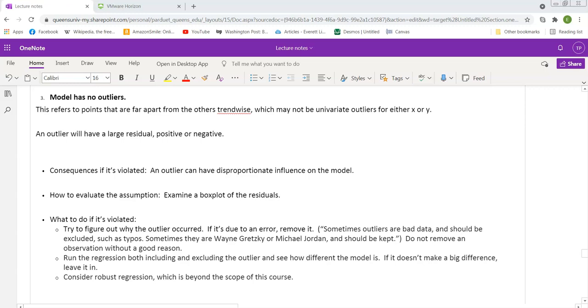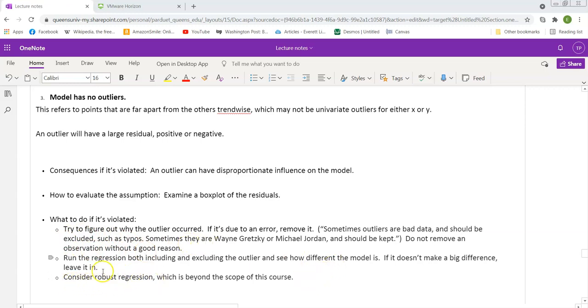If it doesn't make a big difference, then go ahead and leave it in. If it does make a big difference, then you've got to think about it some more, go back to this step here, and decide whether you want to keep it.